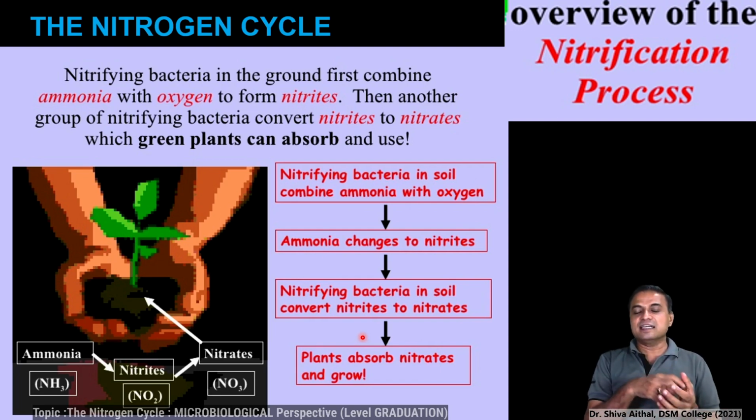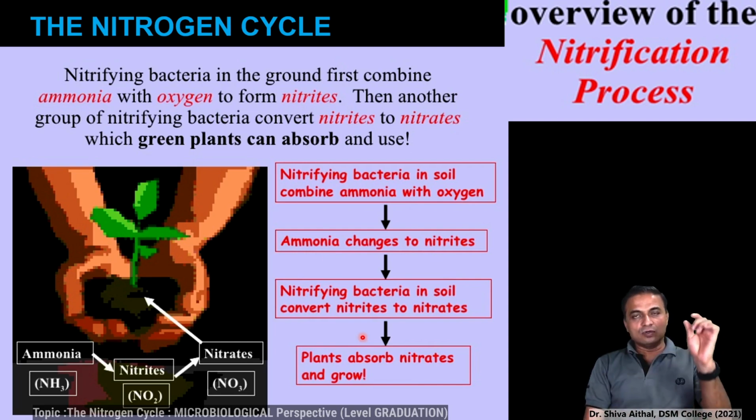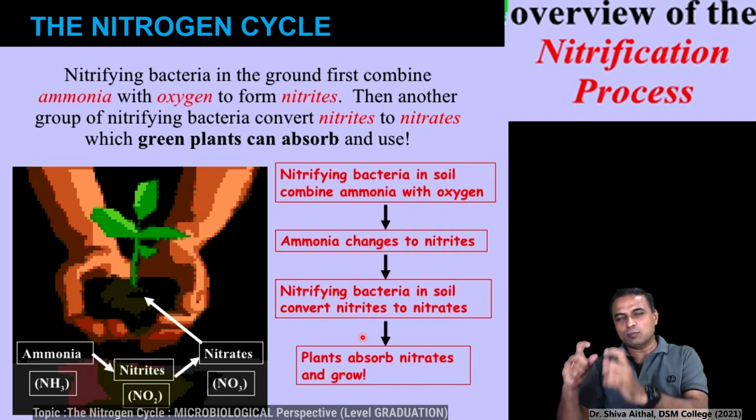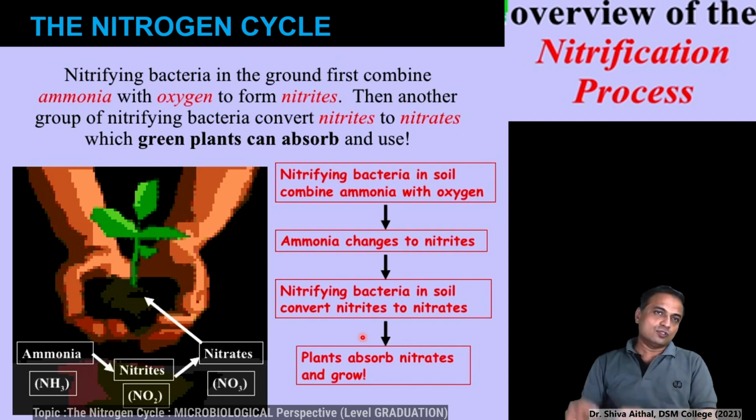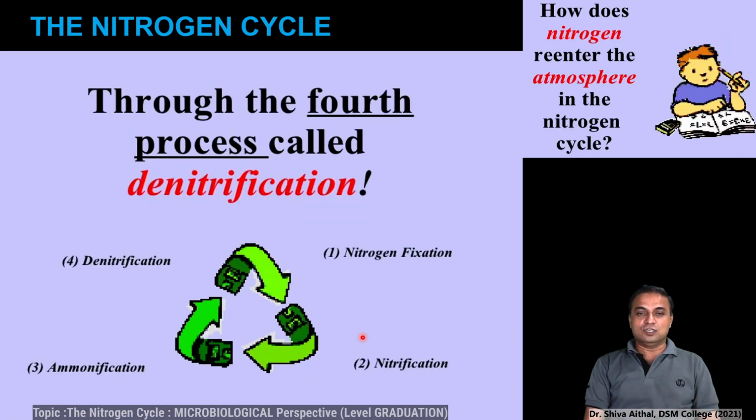Now plants can absorb these nitrates and they can grow. So this is one of the very vital steps where the atmospheric and soil nitrogen is transformed into biomass nitrogen.